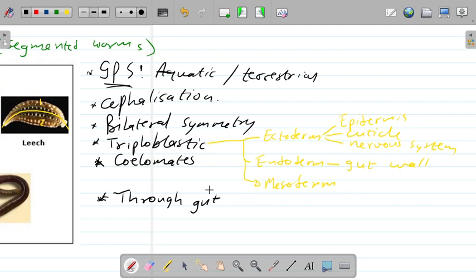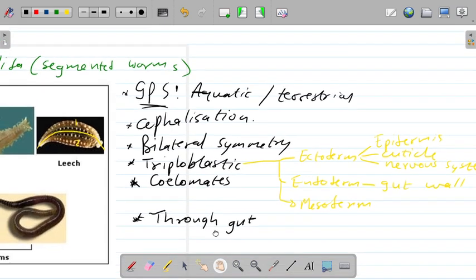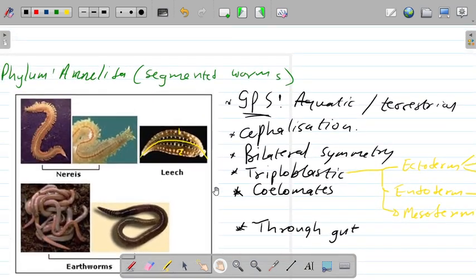So they have a through gut. Good. So that is your segmented worms. I'm just going to leave it here, and in the next session I'm going to complete the next two very important phyla, which I regard as such: your Arthropoda and your Chordata.